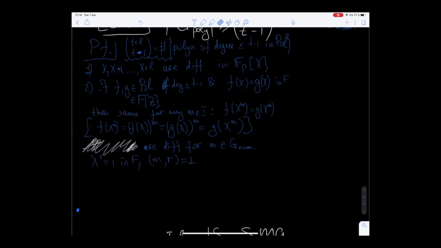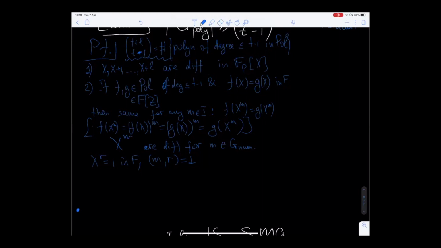So x to the m are different for m belonging to group genome. So for any element of group genome, f of x to the m must also be equal to g of x to the m by the properties of our polynomials.